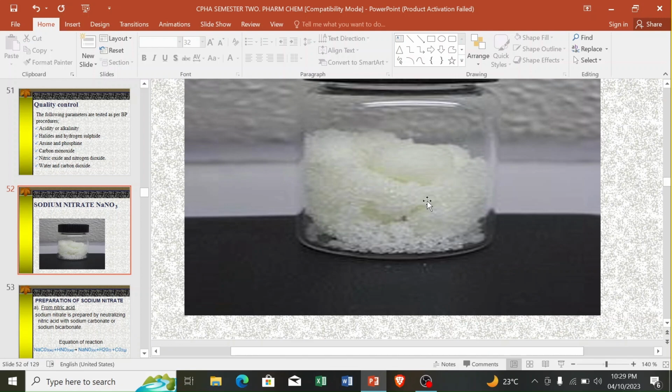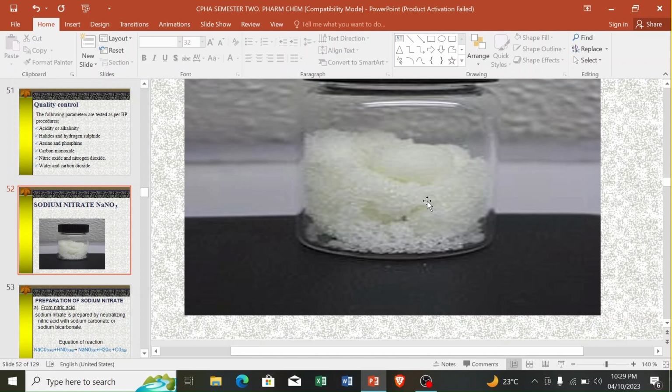What I see, I can derive properties from what I'm seeing. I can see a white crystalline solid, so that can be my one property. I can see things like crystals, so I can derive it that way, white crystalline.